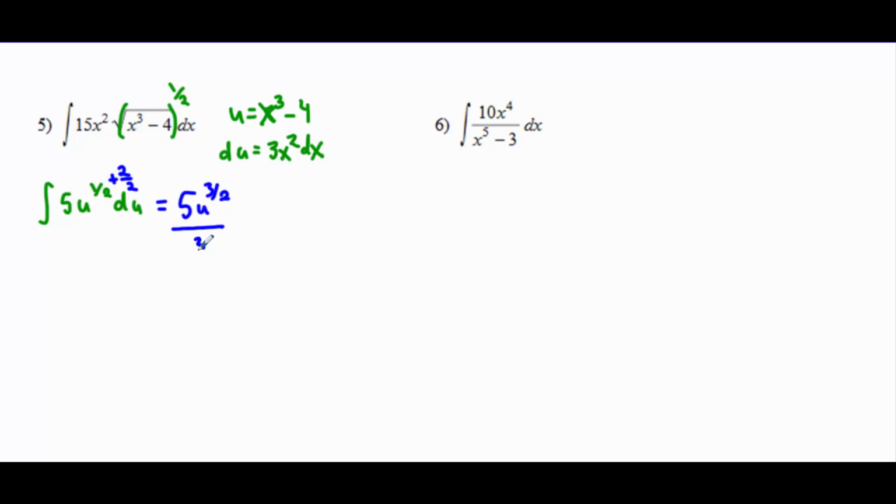And we divide by 3/2. So this is 5 over 1 times 2/3, which is 10/3. So 10/3 x cubed minus 4 to the 3/2 plus c.